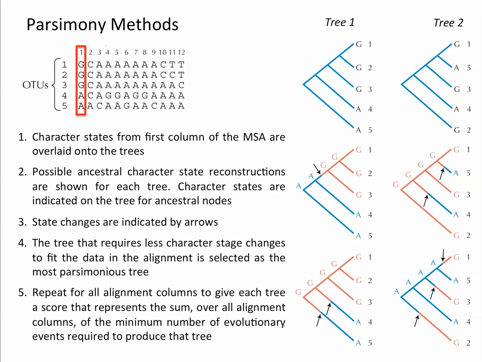We do this for all columns of the alignment and score all trees according to the number of character changes they require, and select the one that requires fewer changes, the most parsimonious tree. This is basically how the parsimony methods work.